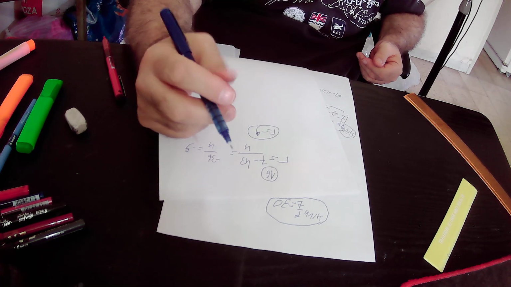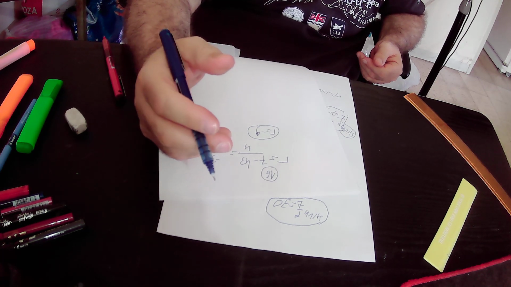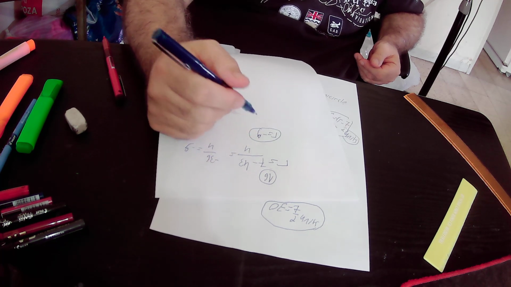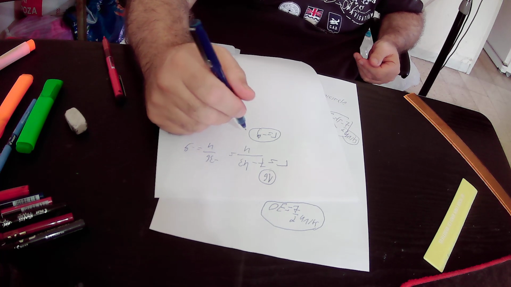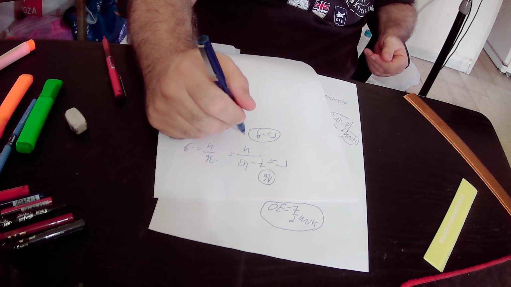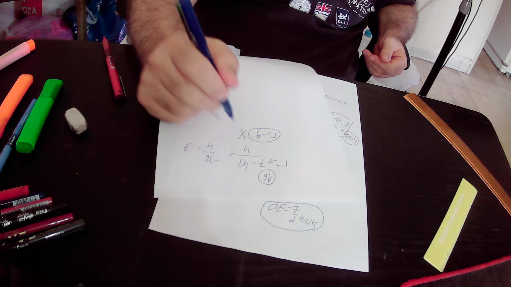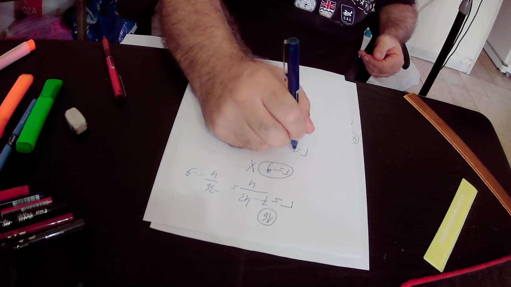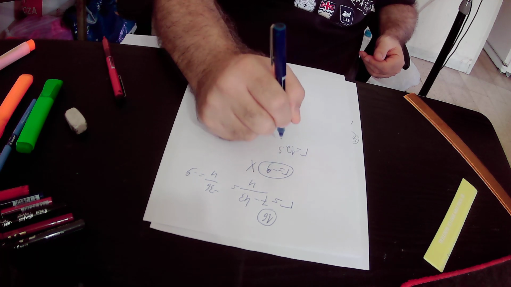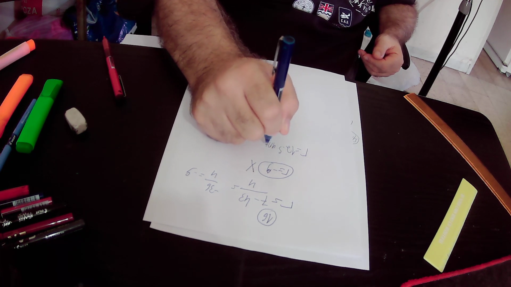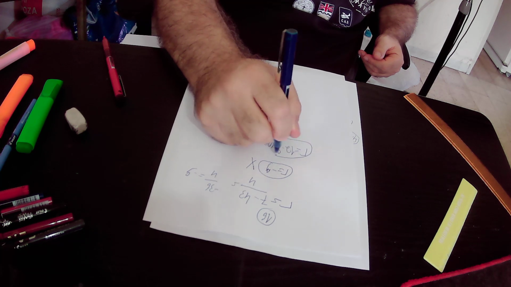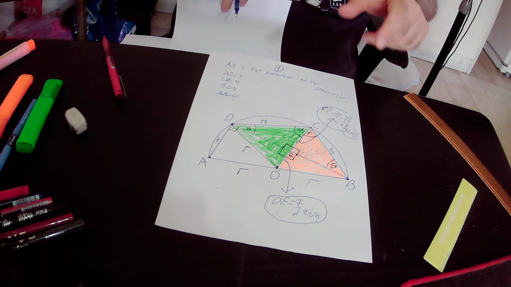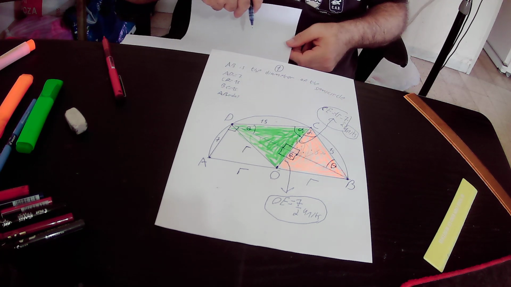But because r is the radius of the semicircle, it must be a positive number, so it is impossible that r equals a negative number. So this solution is cancelled, it is not true, and we are left only with the solution that r equals 12.5 units. So the radius of the semicircle is 12.5 units.